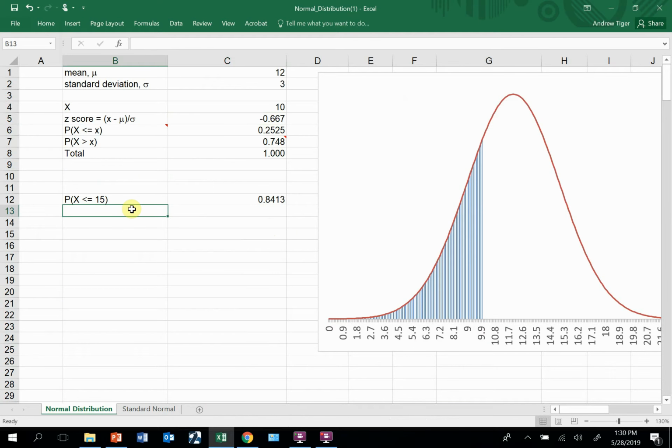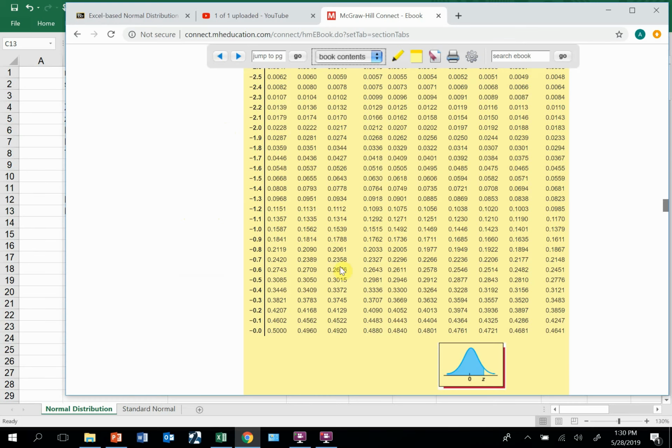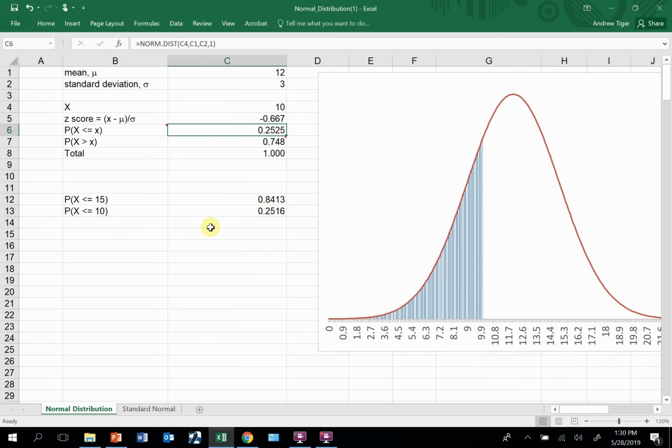The probability that x is less than or equal to 10 is 0.2516, somewhere around there. Well, look at that, it was already solved for, and this is the more exact, because this one is just ballparking it between 0.2546 and 0.2514. If you use this exactly, you can find it is 0.2525. So that's how you need to use it, is to use the NormDist.